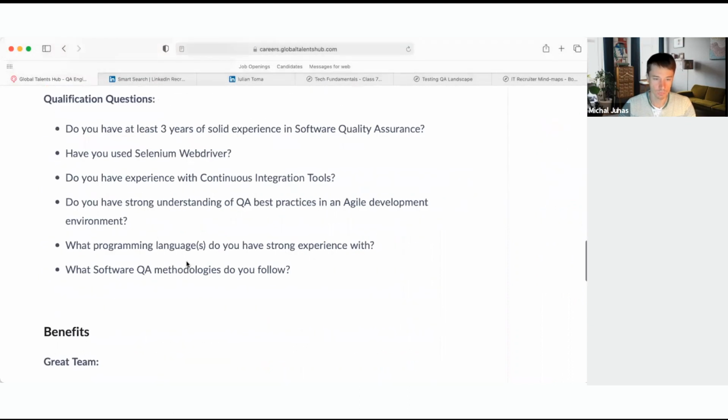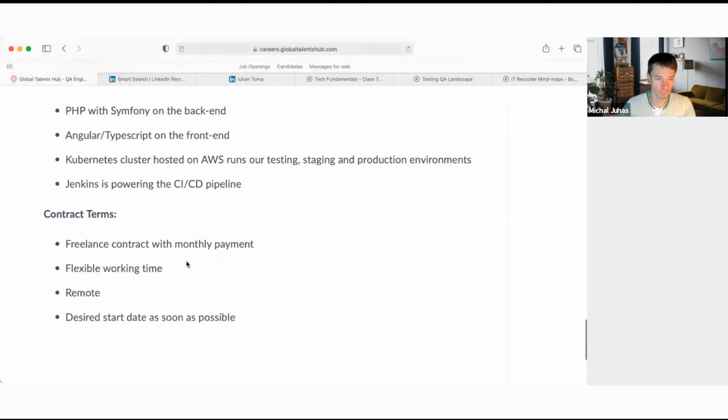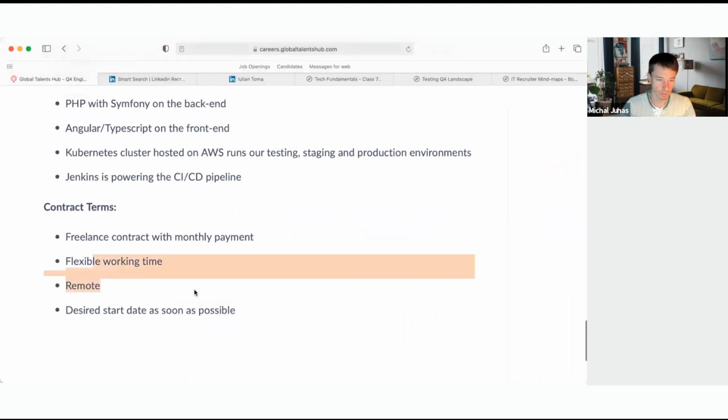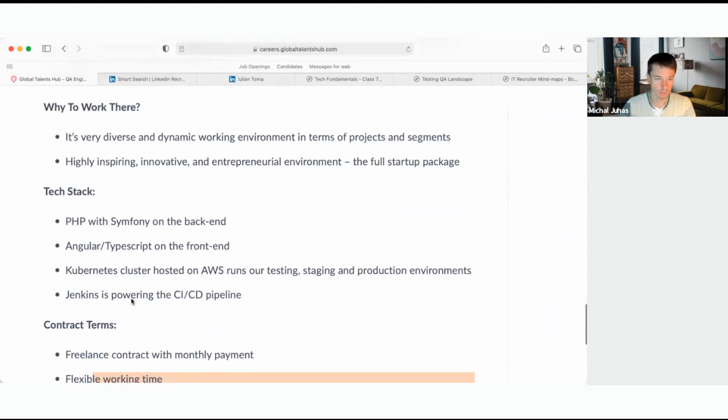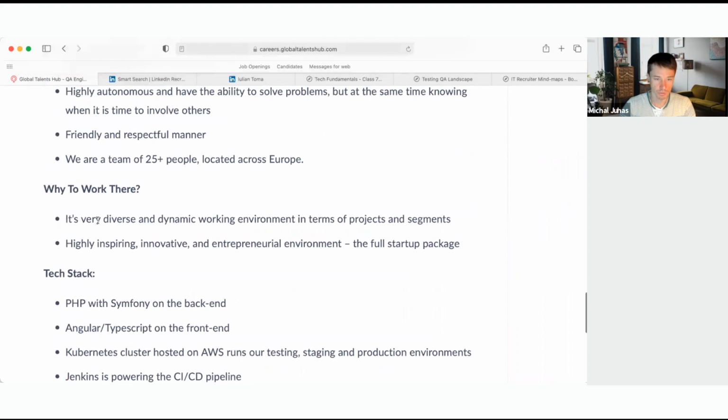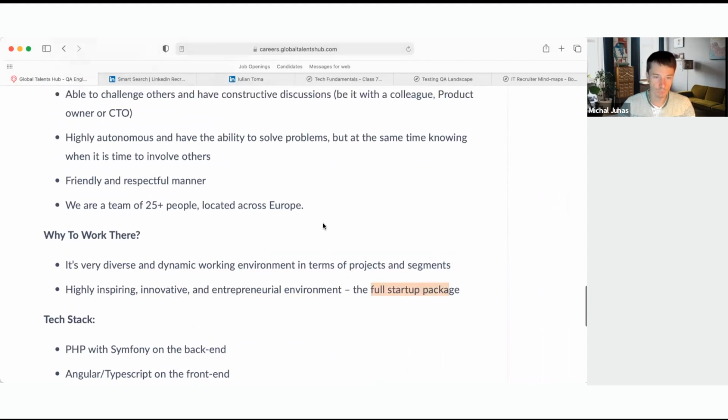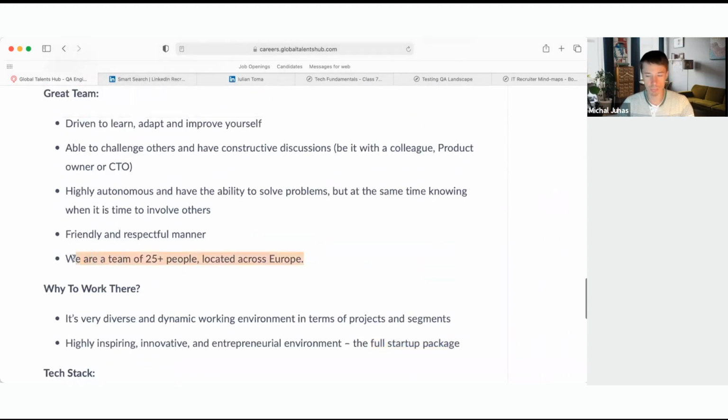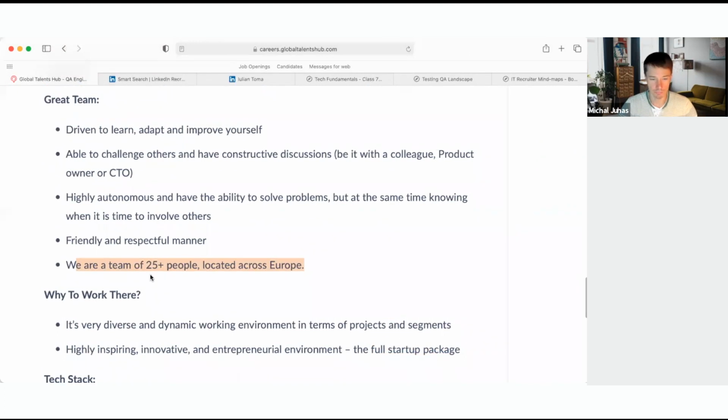So it's all remote, it's flexible, it's a very diverse, dynamic, highly inspiring, innovative environment, the full startup package. So it's a startup, 25 people. That means it's quite dynamic.